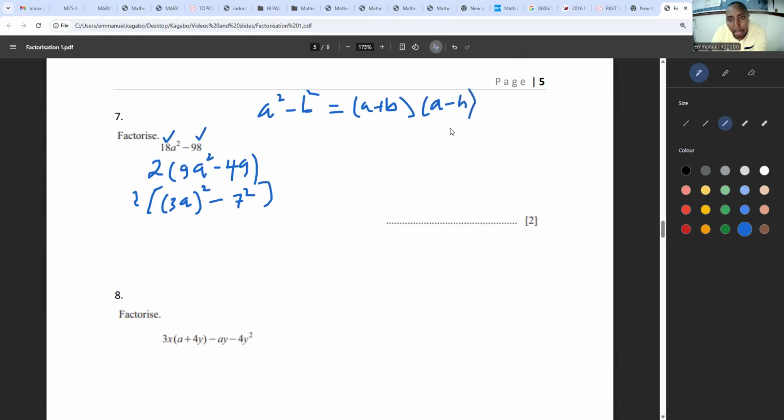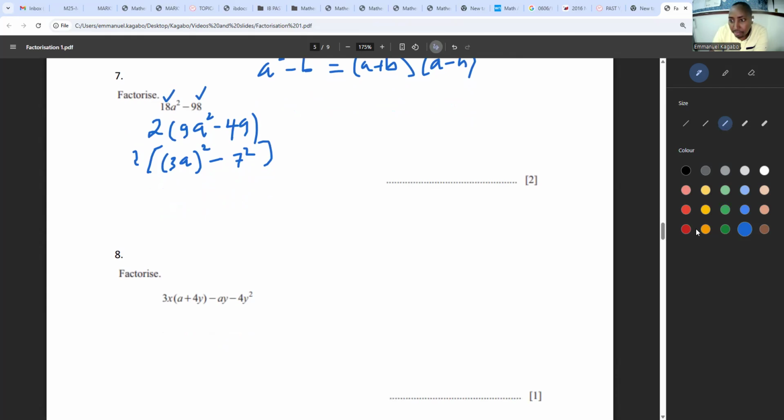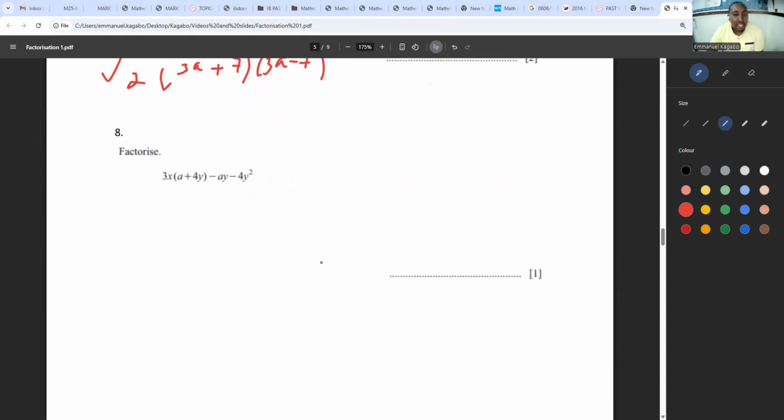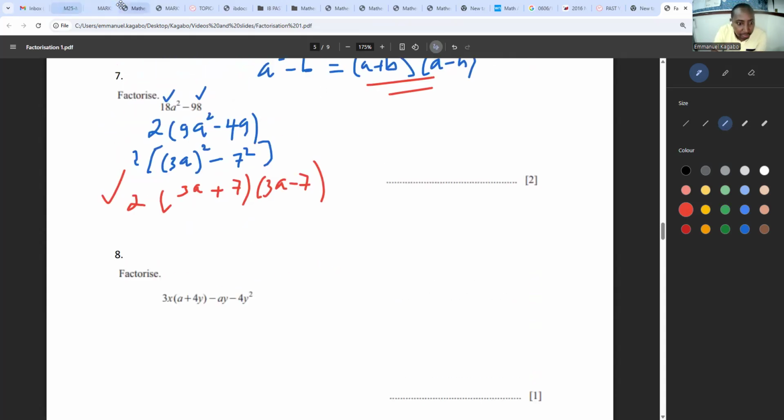Now, applying the formula of difference of two squares, it's going to be 2 bracket 3a plus 7 bracket 3a minus 7. That is it. Easy peasy, very easy as that, right? It's as easy as pie.